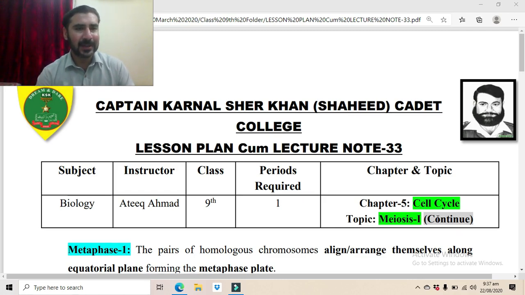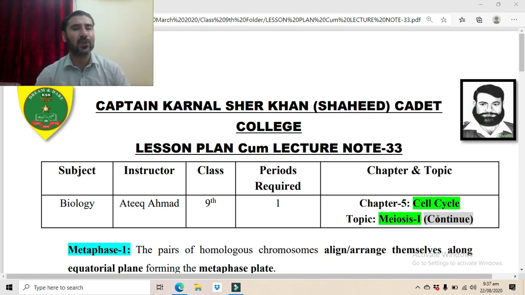Chiasmata is the point at which the two non-sister chromatids of the homologous pair of chromosomes make contact with each other. In the next stage, the chromosomes in the homologous pair exchange parts with each other.